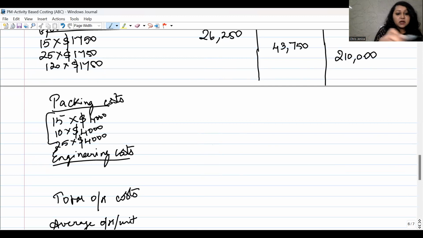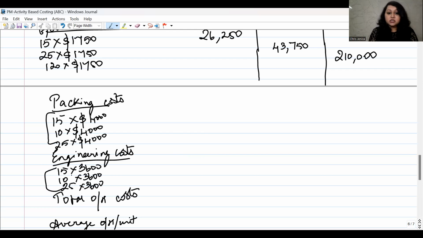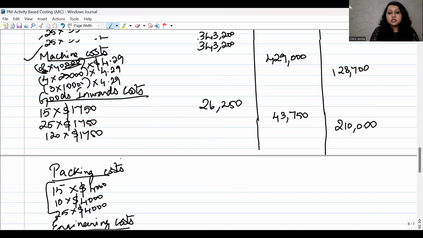So these are basically the number of production runs into cost per production run. And here it will be the same: 15 into 3,600, 10 into 3,600, 25 into 3,600. So these are the number of production runs for each and every product, and then cost per production run. This is based on your engineering cost.